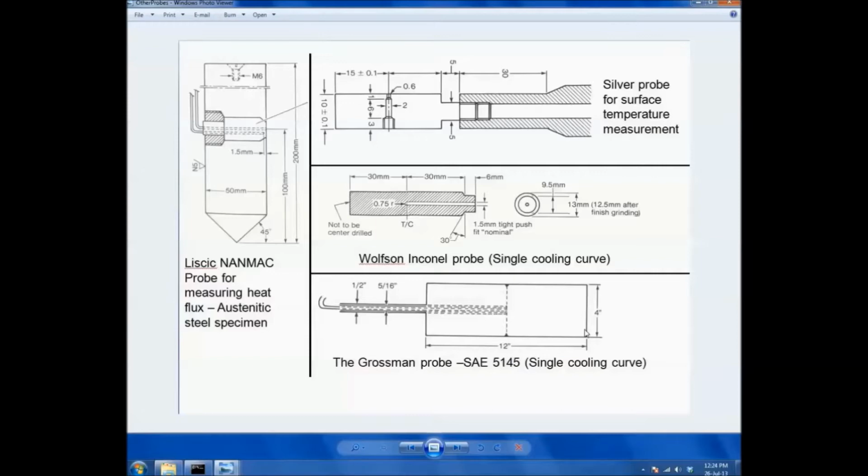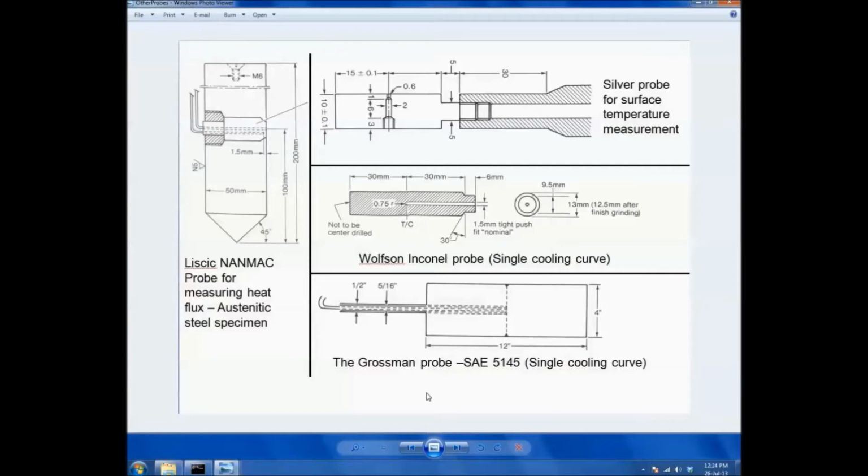Now, these probes are of standard material. It could be an austenitic steel, as used in the Lisic NANMAC probe, or even a silver probe. The ASTM standard probe defined in D6200 is an Inconel probe.